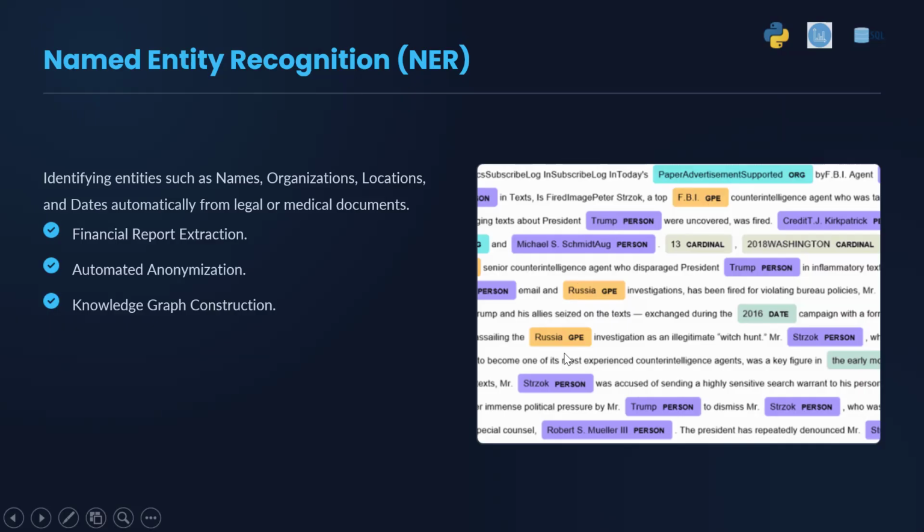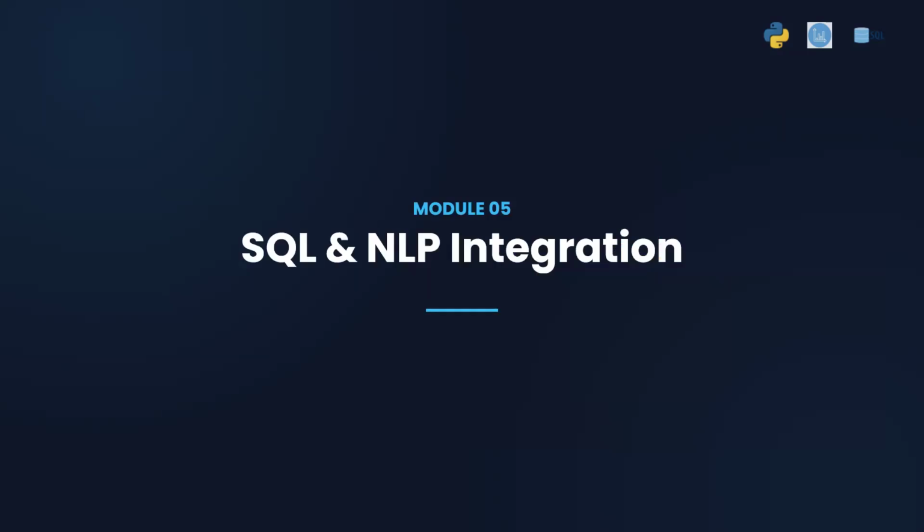Russia is a geographical location, and PERSON is the name of a person, and there are some date-specific values also. 2016 will fall under date. And if you see any currency, it will say money. So most of these things can be identified using the named entity recognition feature.